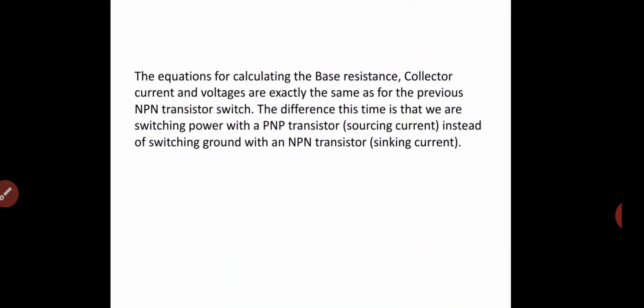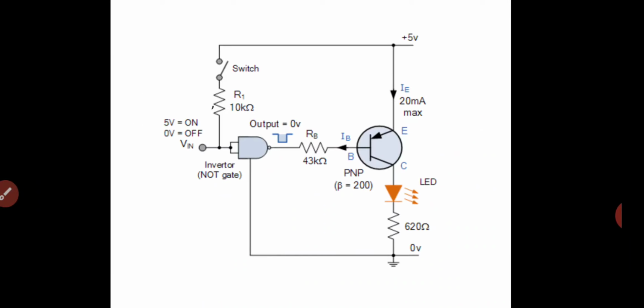The equations for calculating the base resistance, collector current and voltage are exactly the same as for the previous NPN transistor switch. The difference is that we are switching power with a PNP transistor instead of switching ground with an NPN transistor. When the input is off, the PNP transistor is in the off condition.